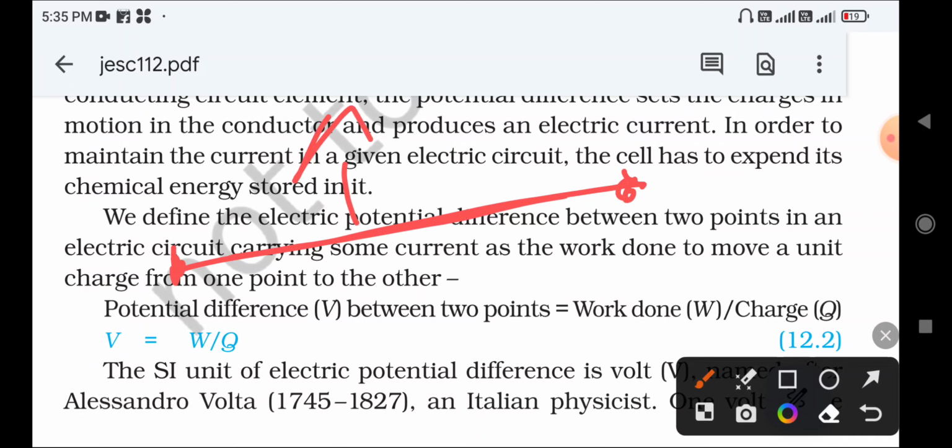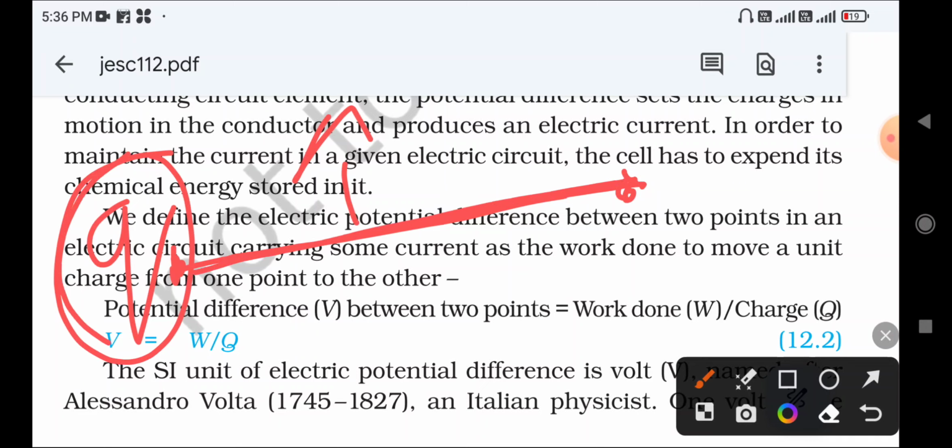We can easily calculate it. The work done to move a charge from one point to another point is termed the potential difference. What is potential difference? Work done to move a unit charge from one point to another is termed the potential difference. Here q indicates charge, right?